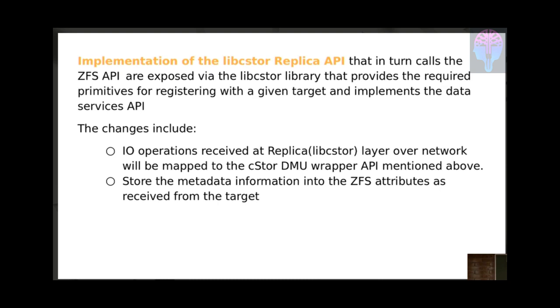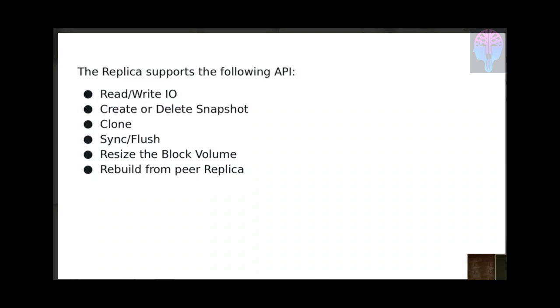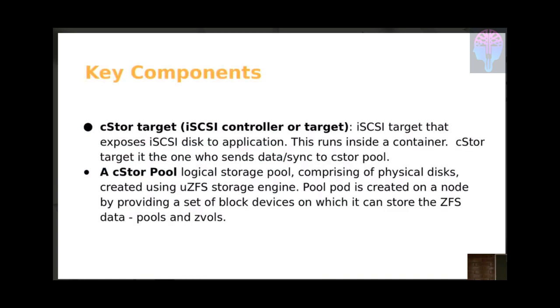libcStor is a library which we use to do the API specific operations on the volumes. These are the API operations which are performed through the cStor API. And the components we talk about start with the cStor target. I already told you what it is, and it exposes the iSCSI device to the application.